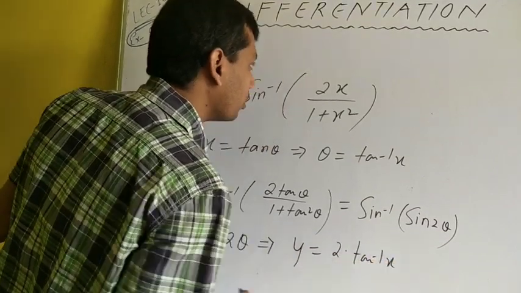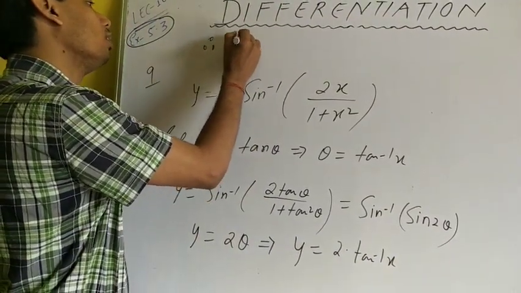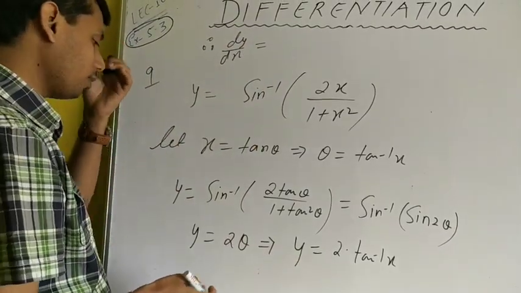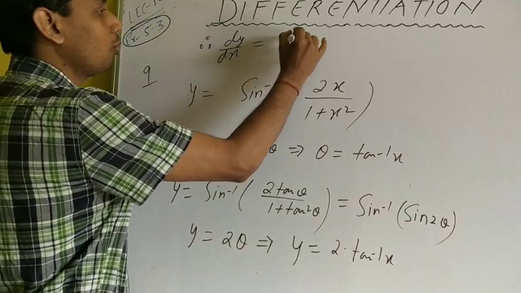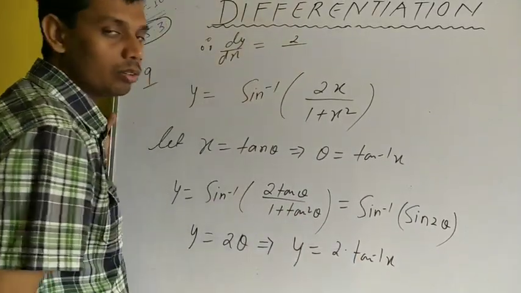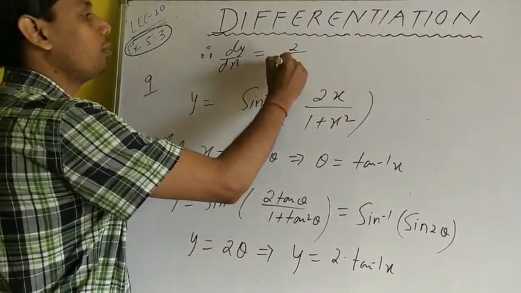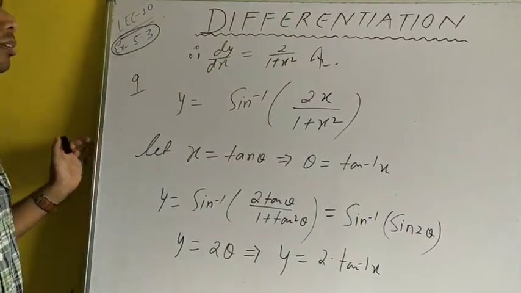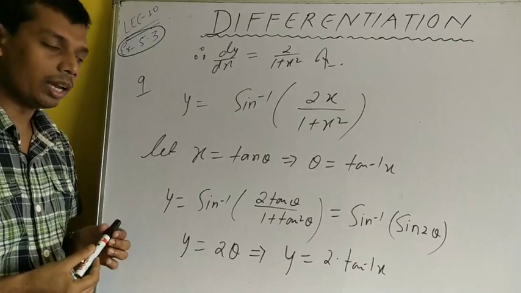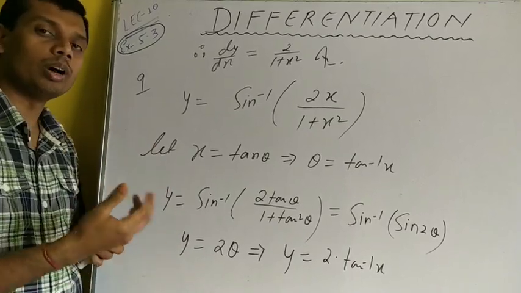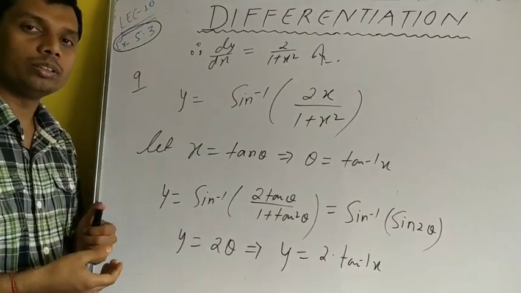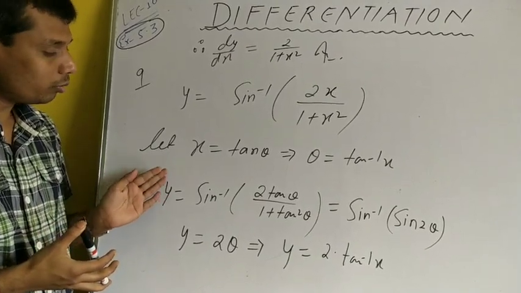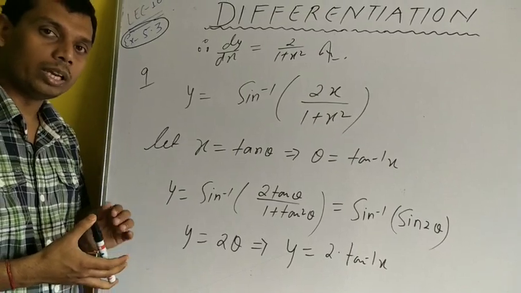Theta is equal to tan inverse x. Therefore if we differentiate this with respect to x, the value of dy by dx will be equal to what? See, 2 is constant and differentiation of tan inverse x is 1 by 1 plus x square. So 2 upon 1 plus x square. This is the required answer. So if we solve these types of questions with certain substitution, the differentiation part becomes easier.